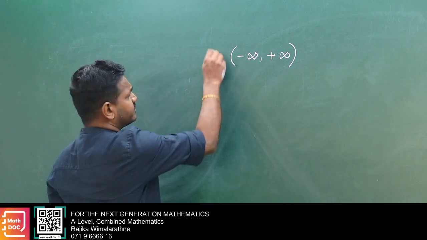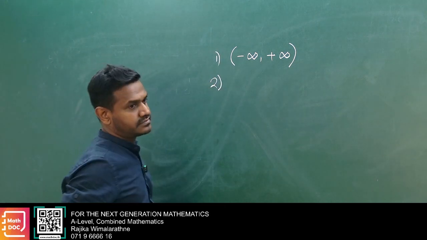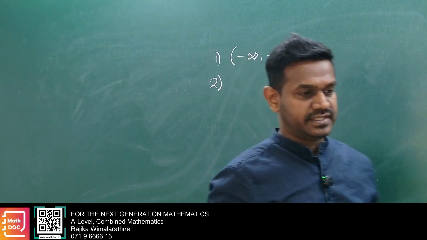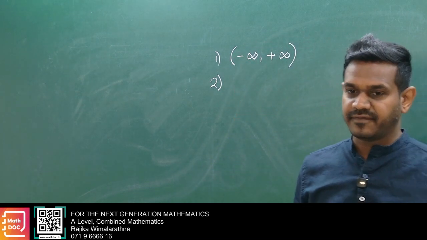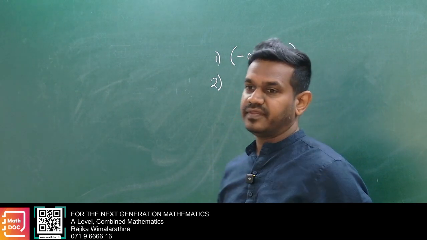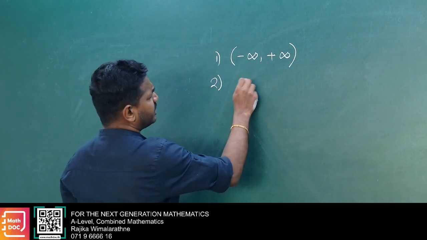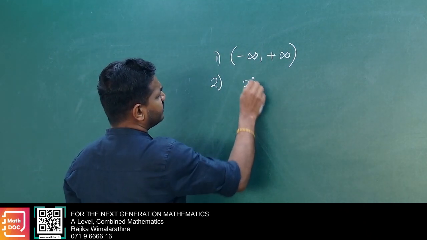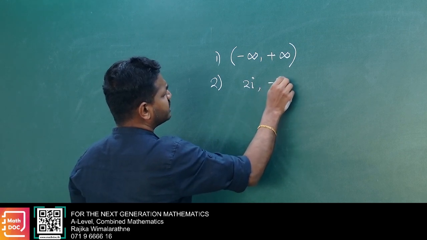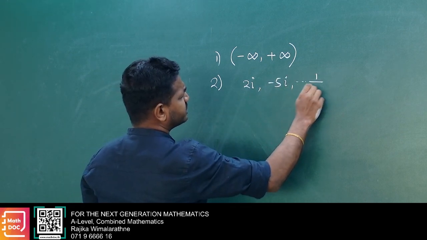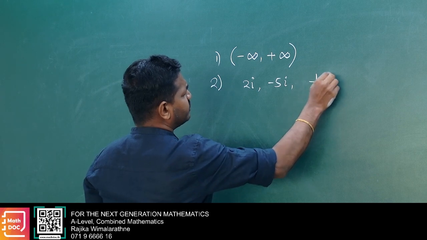Second one. Imaginary solutions. Here 2i, minus 5i. Put some dots. 1 over 2i.